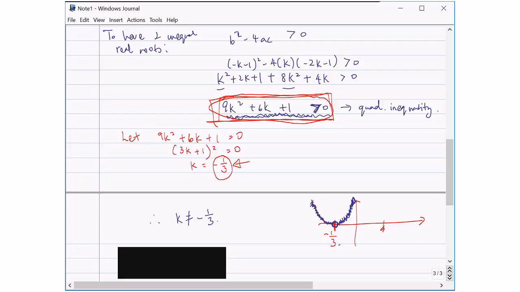But the inequality does not include the equal 0. So therefore the answer is like that. Or if it helps you understand better, k can be less than negative 1/3, or k can be more than negative 1/3. K just cannot be negative 1/3 itself.